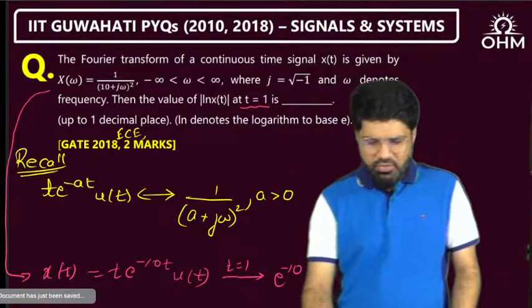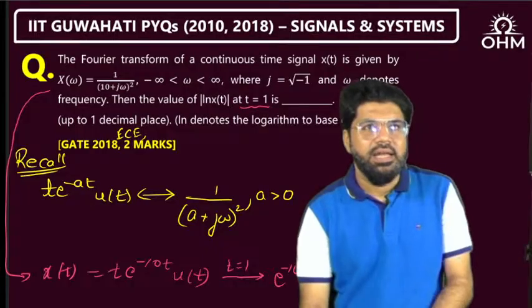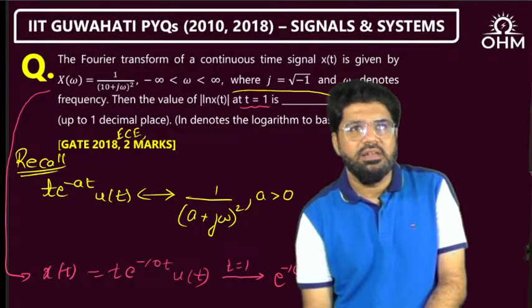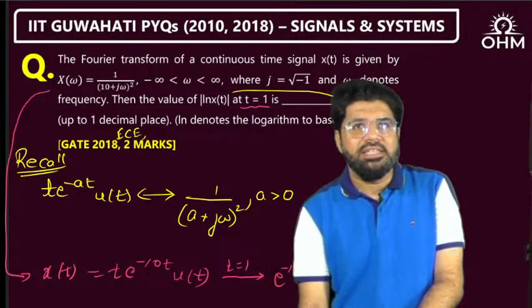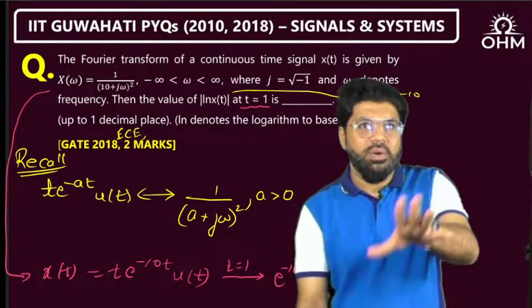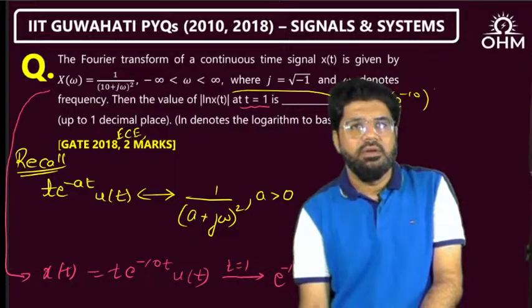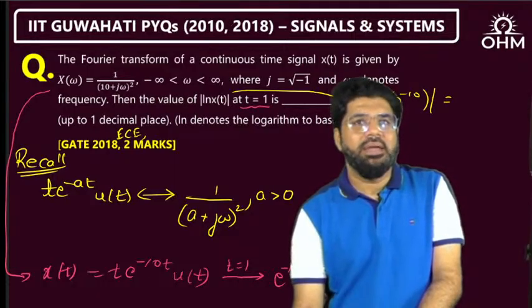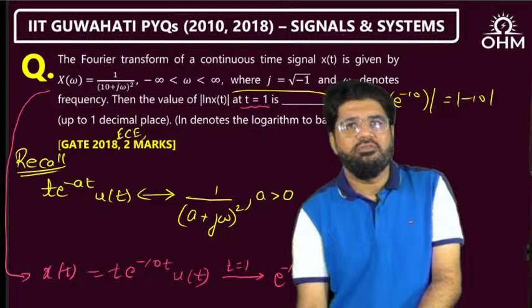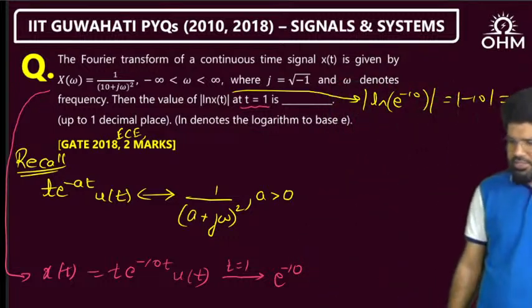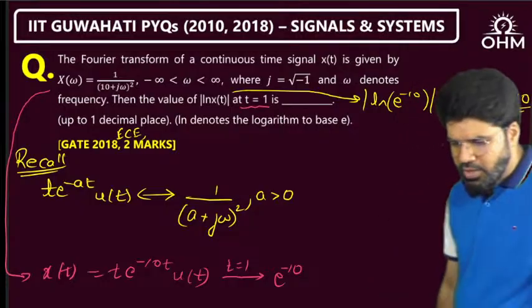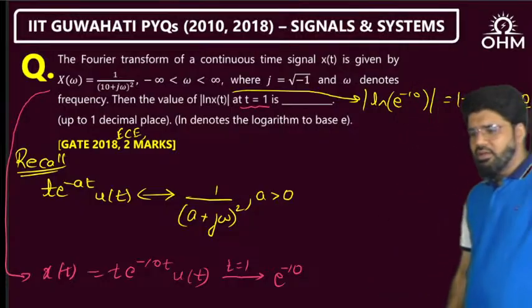Hence, modulus of ln x t, with x t equal to e power minus 10 at t equal to 1: ln e power minus 10 is minus 10. Modulus of minus 10 is 10. Your answer is 10, dear. Have a look into it. This is an NAT type question, with the final answer being 10.